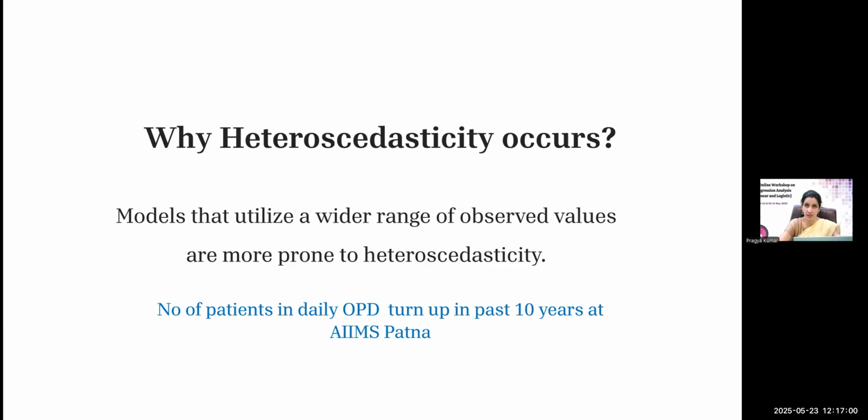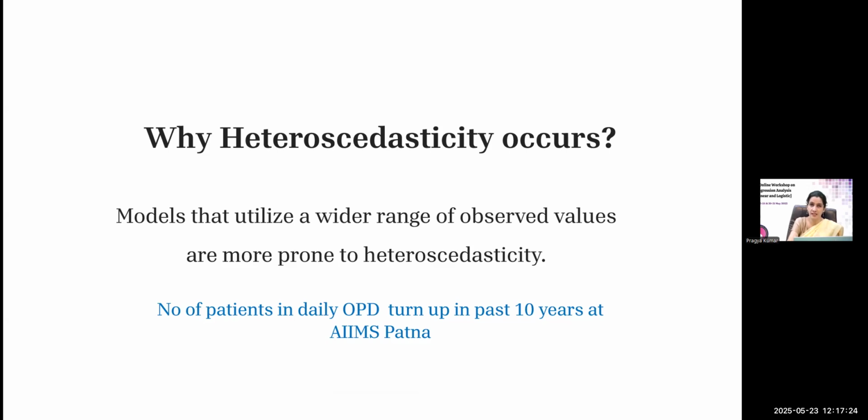Why does this heteroscedasticity occur? Because in models you have a large number of data. A data set is generally 100, 200, 300, right? So if in your model there is a large number of data, then it will show more variance.